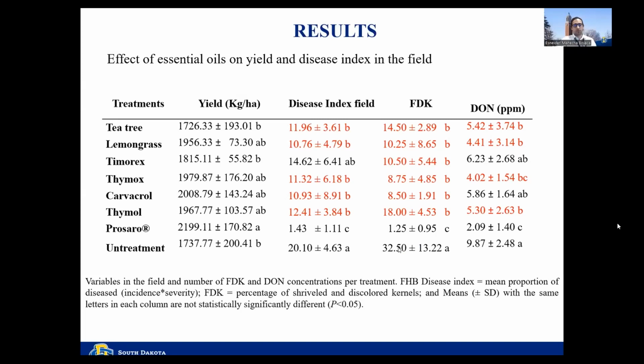Here, for example, we found 32 after the harvest, and here just 14, 10 in this case, Thymox 8. For the deoxynivalenol concentration, we ran an ELISA test. For each one we had four reps, and it was repeated for just one year. Here you can see the treatments tea tree, lemongrass, Thymox, and thymol showed lower amounts, significant versus the control. Again, Prosaro showed the best performance in this study.